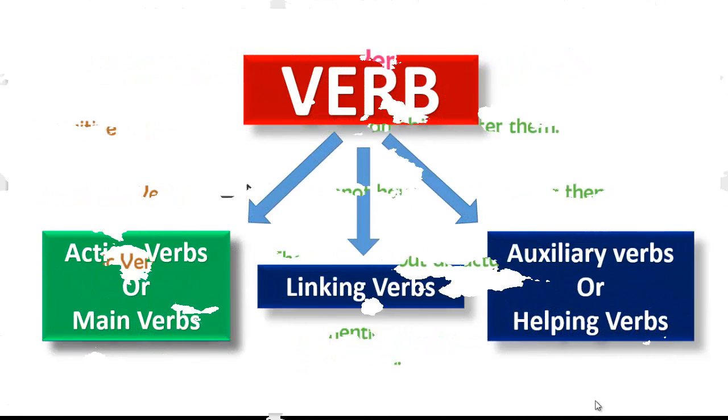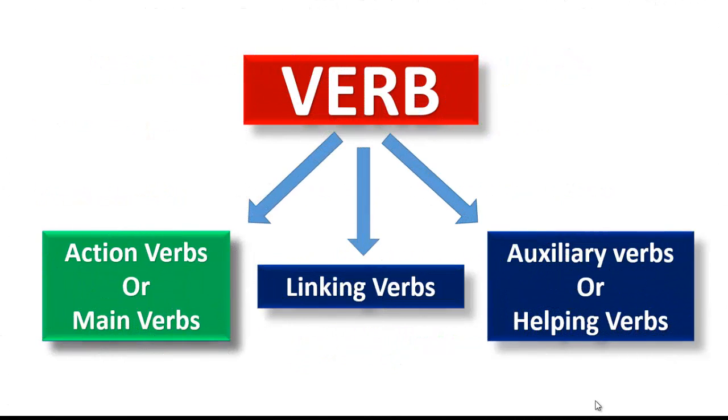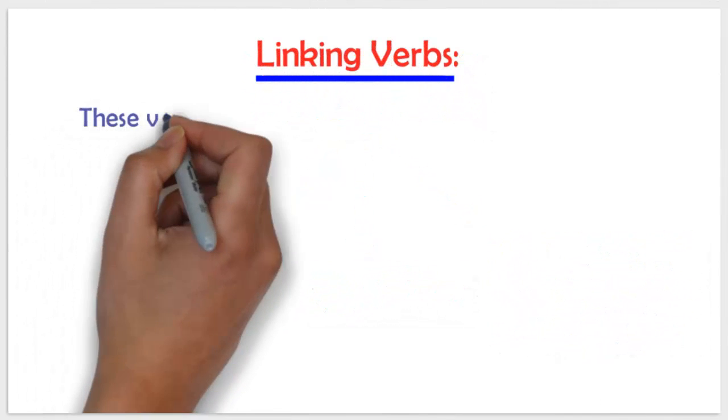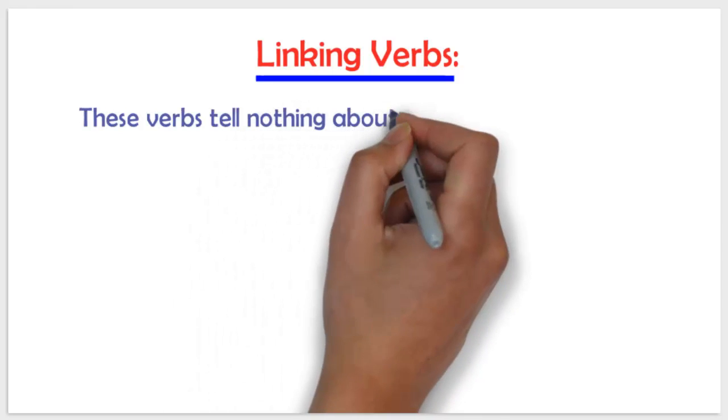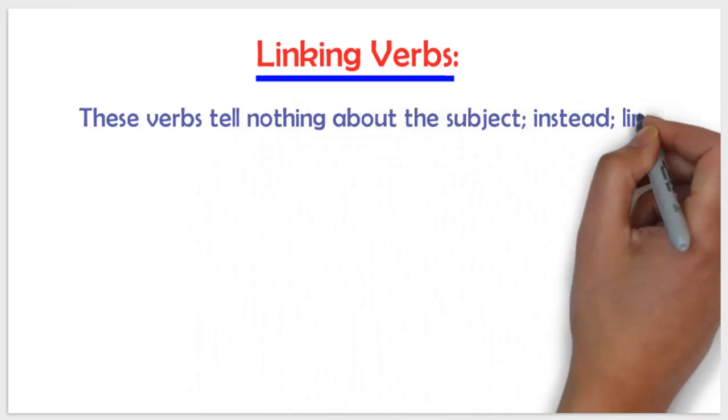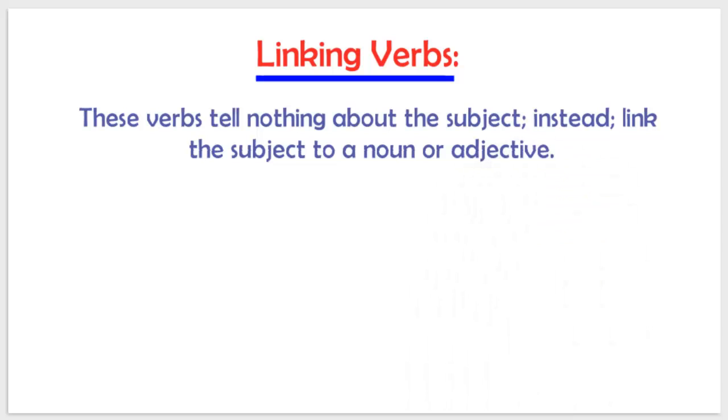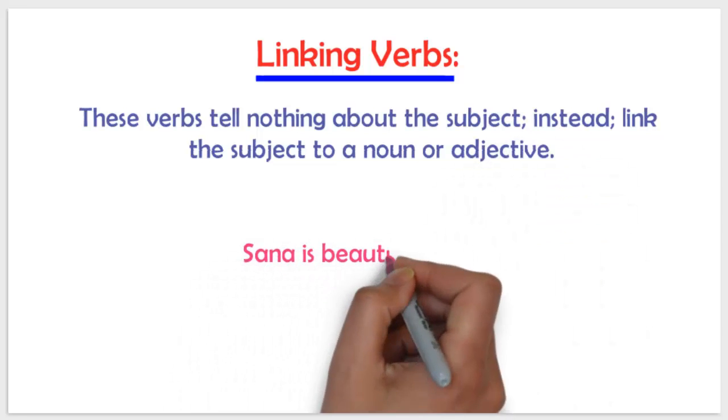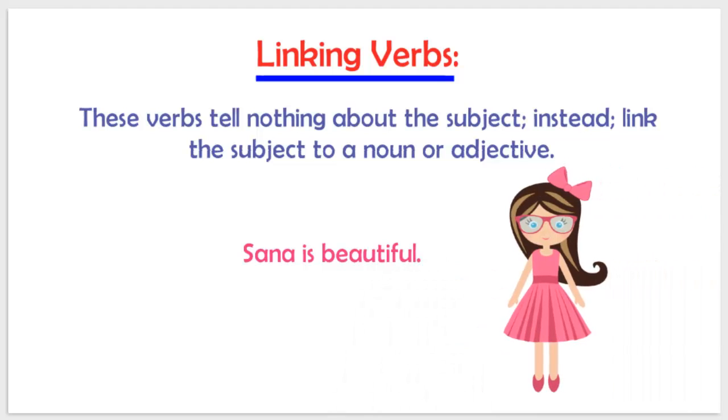So we have learned about the action verbs or main verbs. Now the second category of verbs is the linking verbs. These verbs tell nothing about the subject, instead they link the subject to a noun or an adjective. Let's take an example. Sana is beautiful.